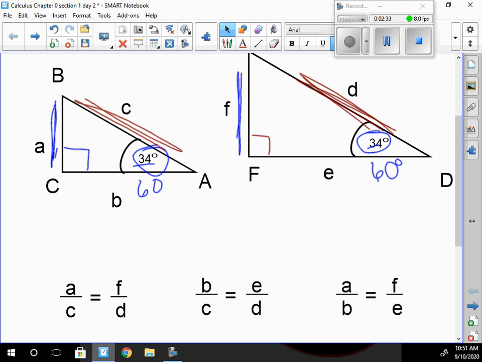So the ratios hold for A over C equals F over D, B over C, or the middle length over the longest, would be equal to this middle length over the longest. And A over B equals F over E. So shortest over middle is equal to shortest over middle.